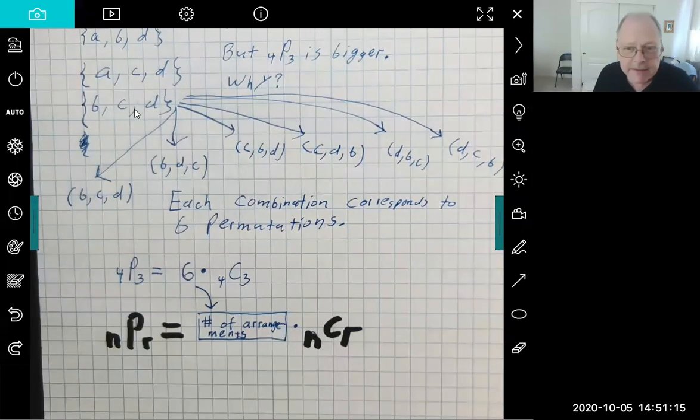So how did I get that 6? There were 6 ways to arrange 3 objects. Why?